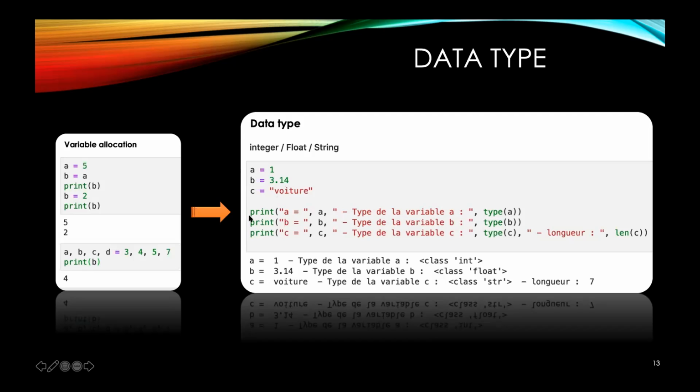I print A, and you have a type function like type A, and we can watch, you see the class is integer. So the type of the variable is integer, here float, and here a string. We have some methods or functions on our variable like length, and here we have 7 characters.